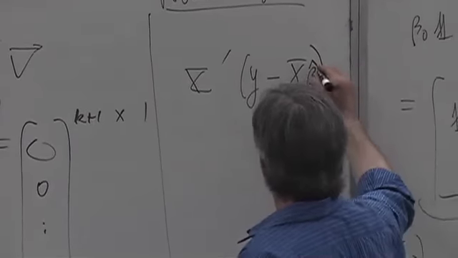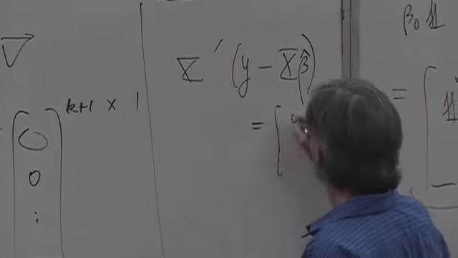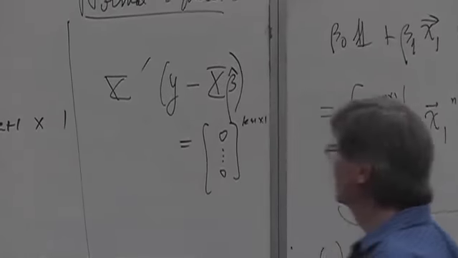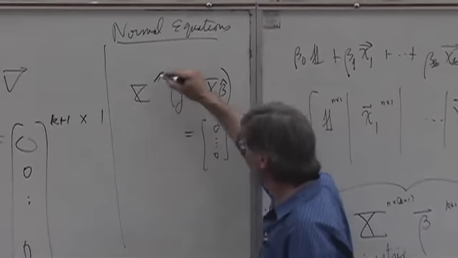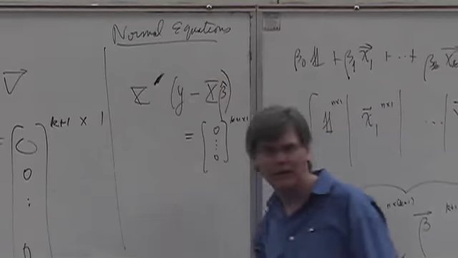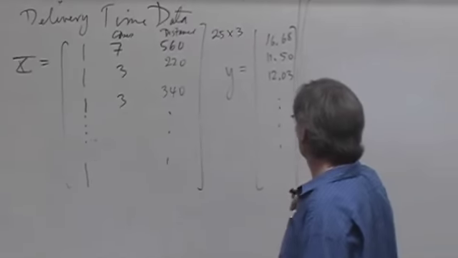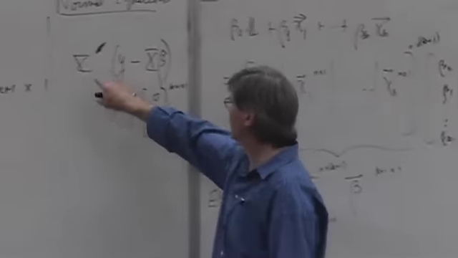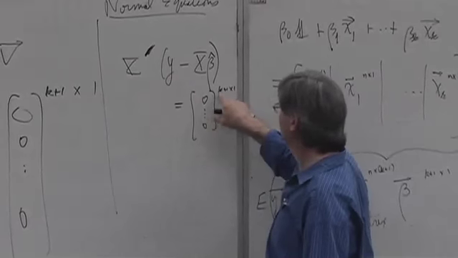This is a k plus 1 by 1 matrix of zeros. X prime is 3 by 25. Y is 25 by 1, so X prime y is 3 by 1, corresponding to this being 3 zeros.